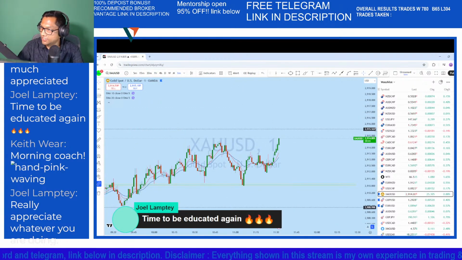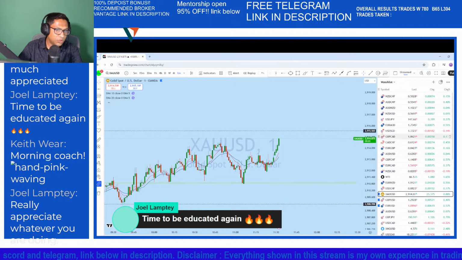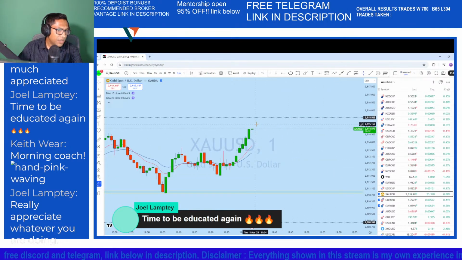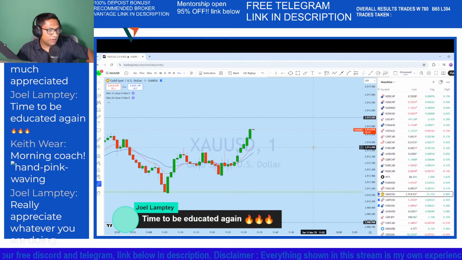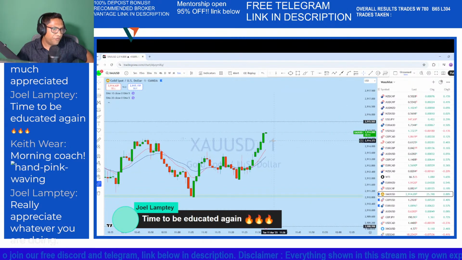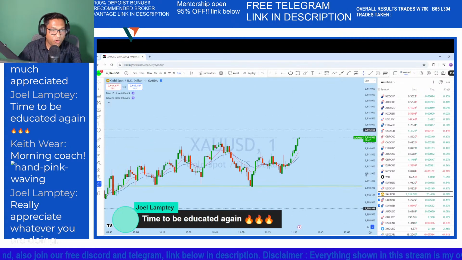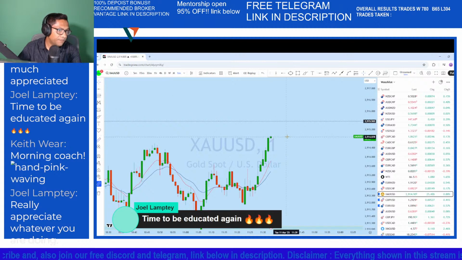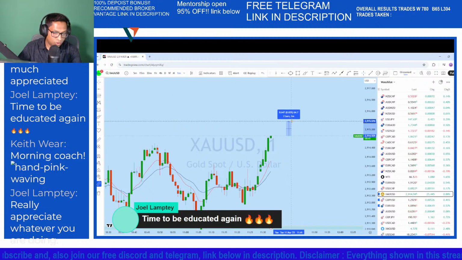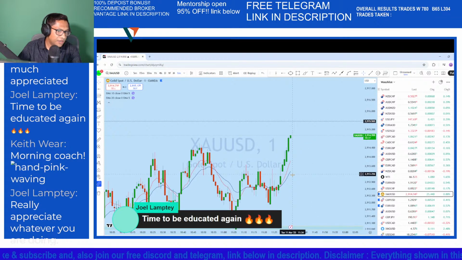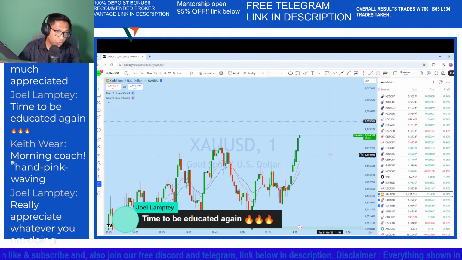So we want to see that it's in fact heading to that level, testing that level, grabbing the liquidity, and then potentially dropping again. So we'll be waiting to see that on XAUUSD. In fact, there is a very narrow gap here. We could look for an entry opportunity in that area, but it's only a couple of pips. If we have a little bigger entry opportunity here, we would look to enter.